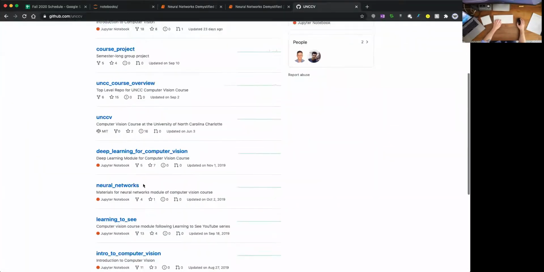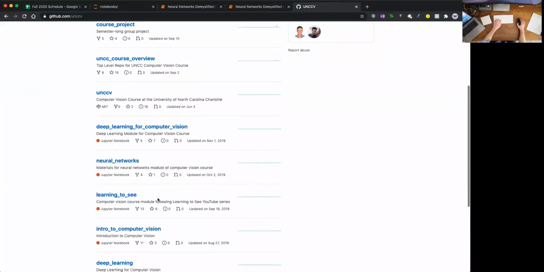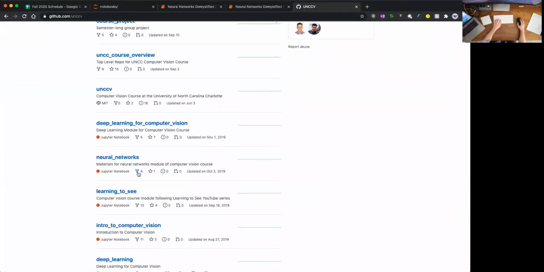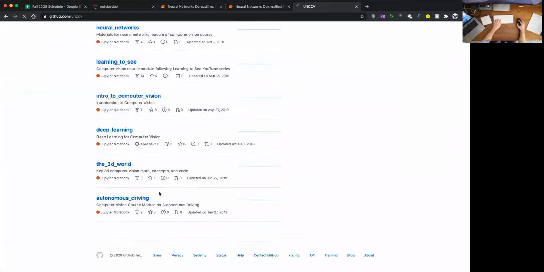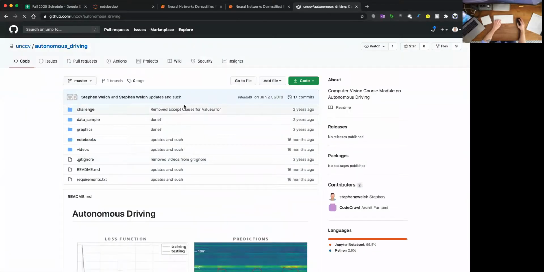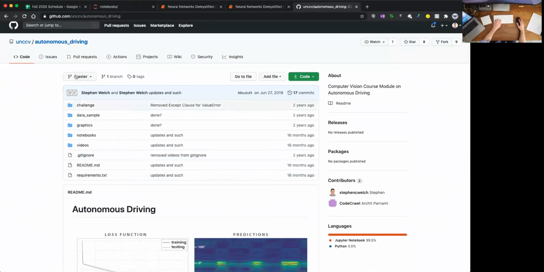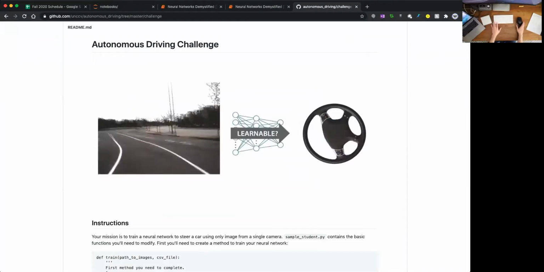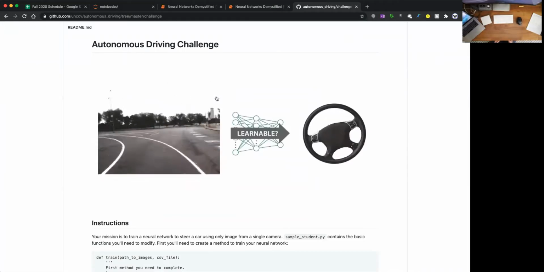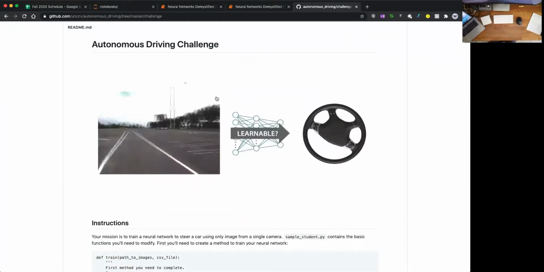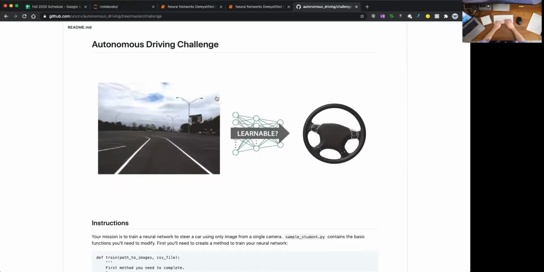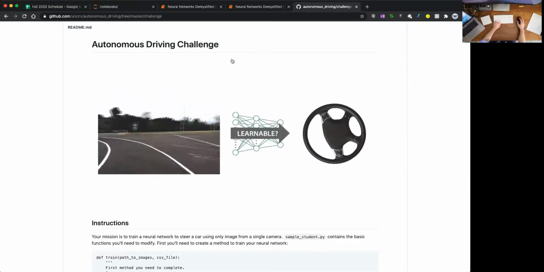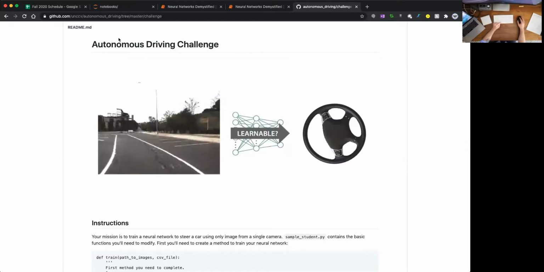So you have a programming challenge right now that is part of the autonomous driving module, which we're about to start next week. And your programming challenge, as I mentioned last time, is to teach a neural network to drive a car. For this, you will not be using those state-of-the-art tools. It'd be too easy. It would only take you like 20 minutes, maybe 10 minutes. You're going to be using your own neural network for this.